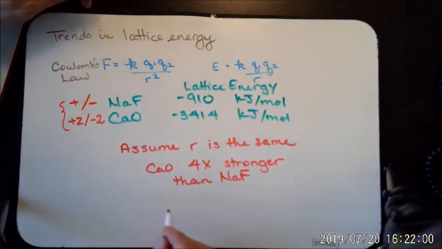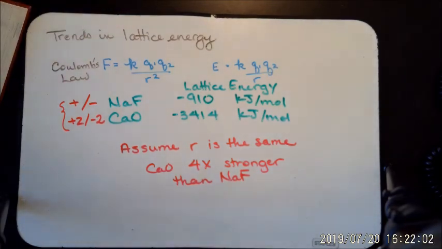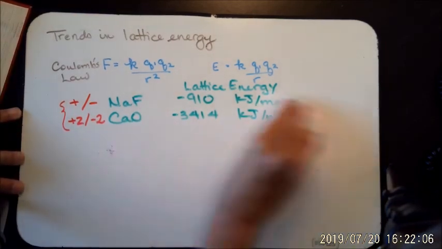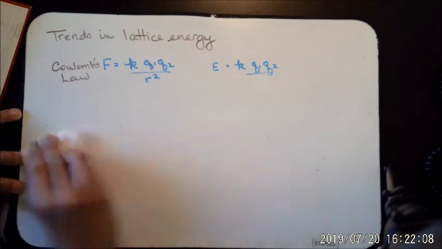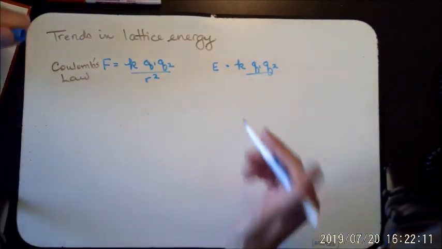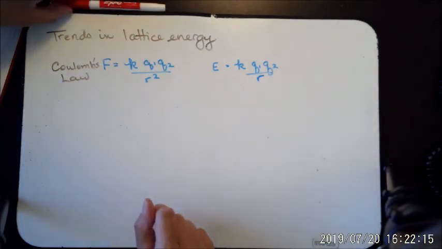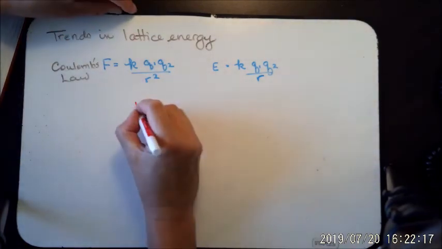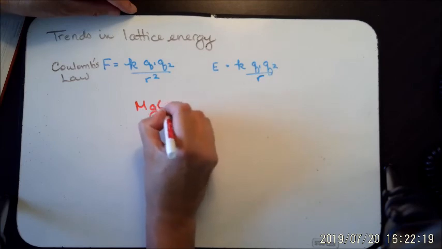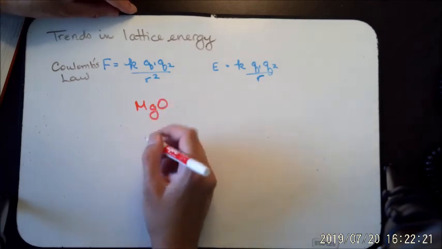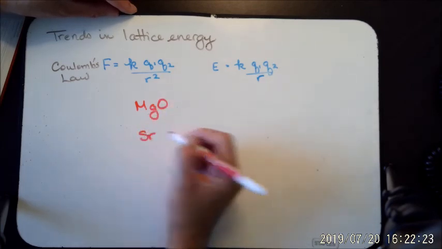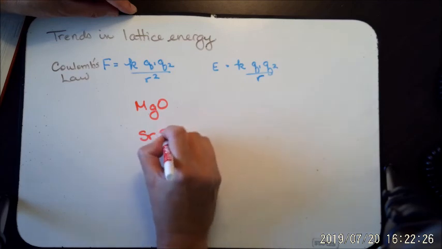Okay, now let's take a look at another example. Suppose now you had to compare something like magnesium oxide and strontium sulfide.